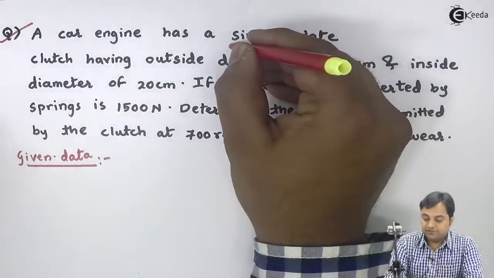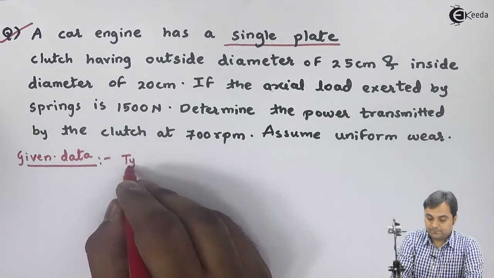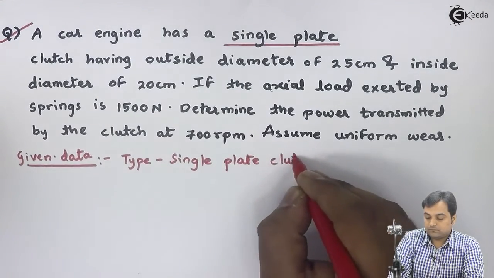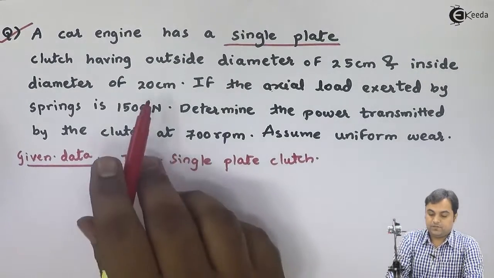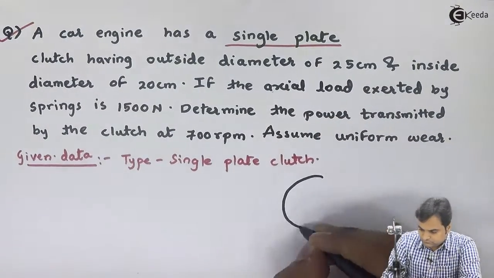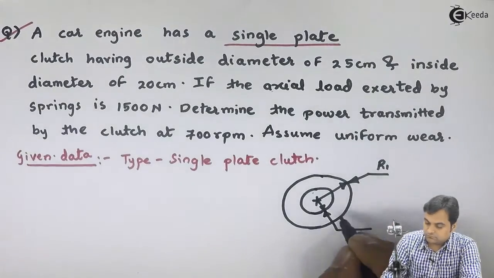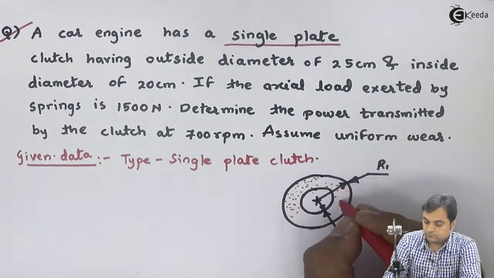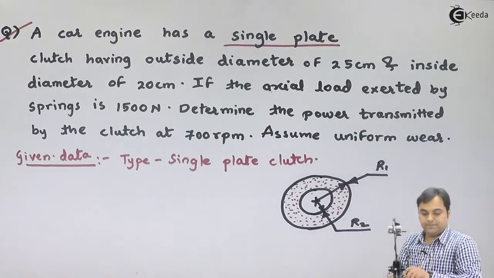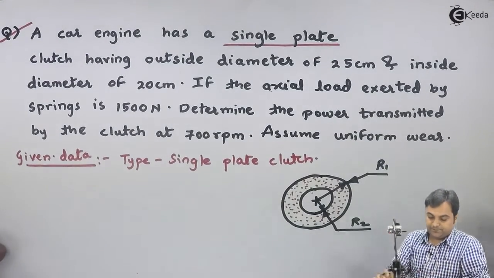Here it is mentioned that the clutch is single plate, so I'll write the type. Single plate clutch having outside diameter of 25 centimeter. So here I have drawn a friction plate whose outside diameter is 25 centimeter.